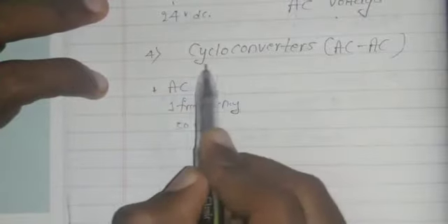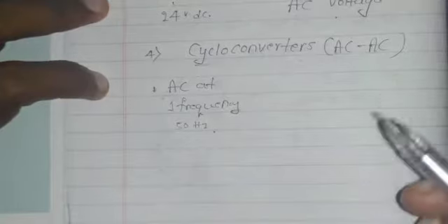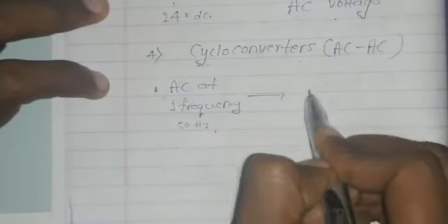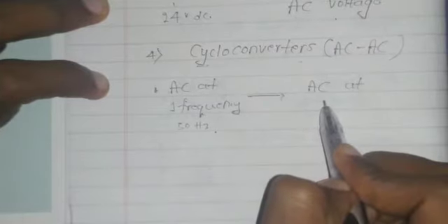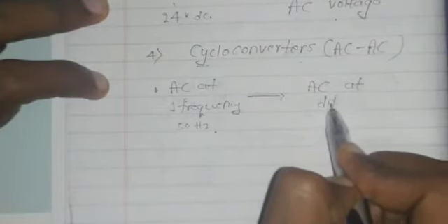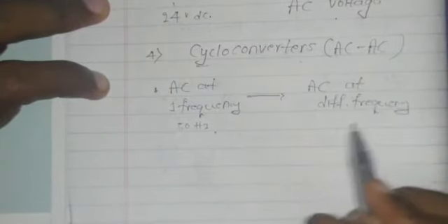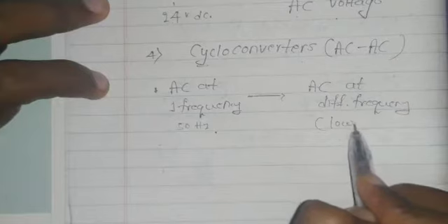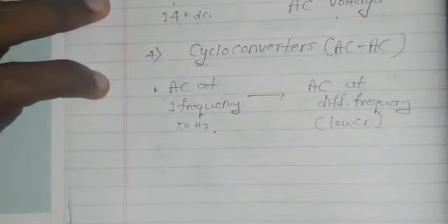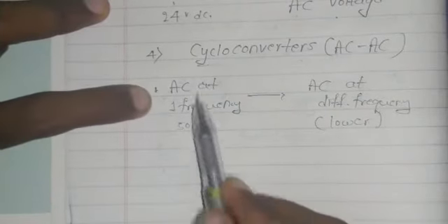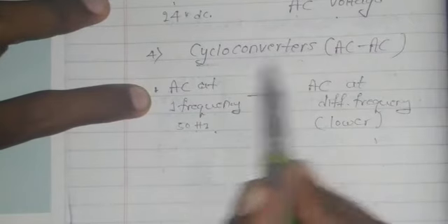Basically the cyclo converter converts a high frequency AC source to AC at a different, lower frequency. Remember this, lower frequencies. That's the cyclo converters.